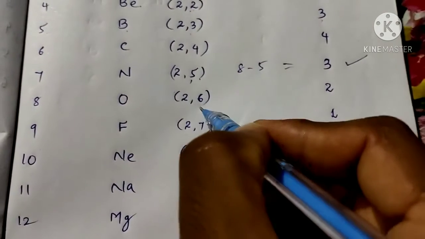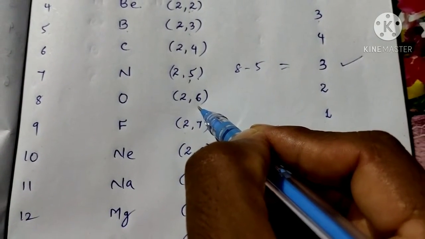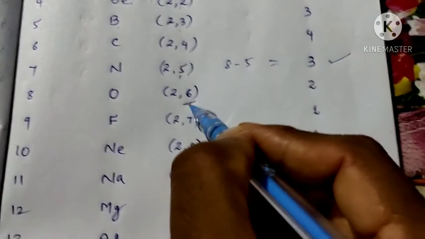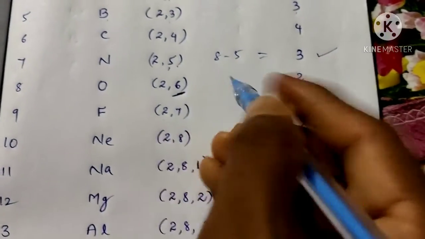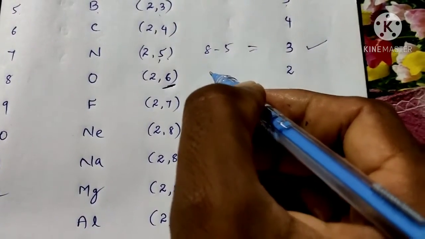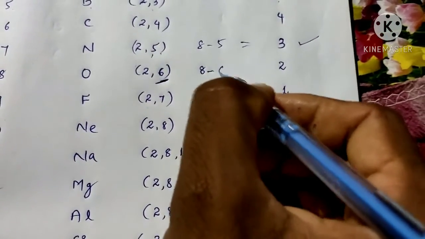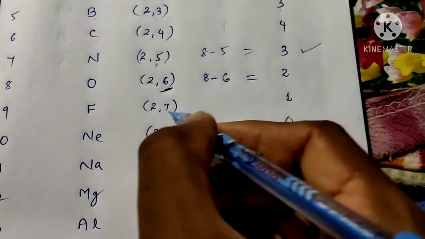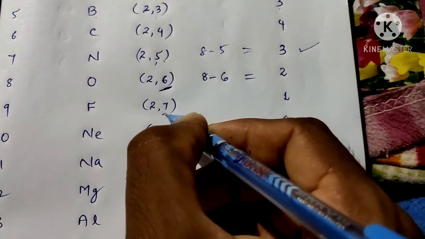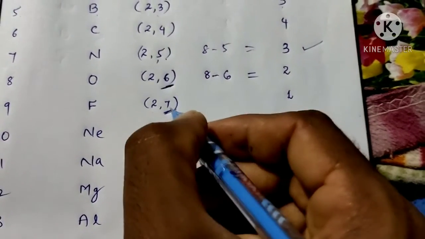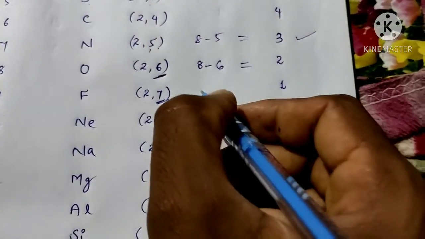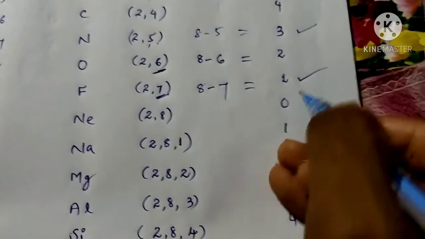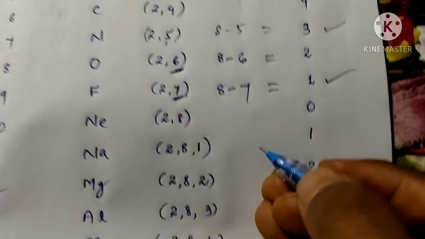Next, atomic number 8, that is oxygen. Electronic configuration is 2, 6. Outer shell electrons are 6. Here we should subtract from 8, that is 8 minus 6 equals 2, right? Again, the ninth one is fluorine. Configuration is 2, 7, outer shell electrons 7, so we subtract from 8, that is 8 minus 7 equals 1, the valency of fluorine.